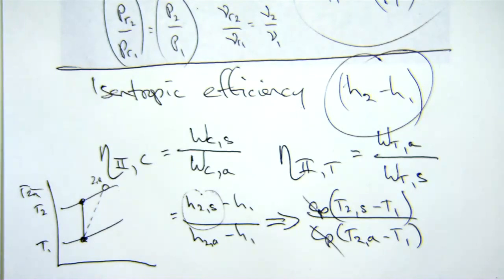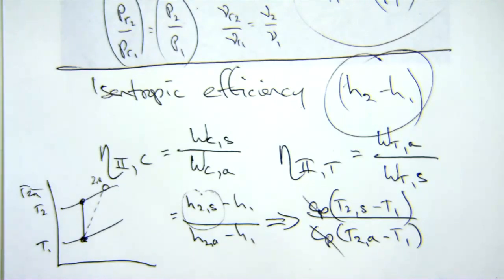So either I can measure the actual temperature and compare it to what the best possible temperature should have been, or if I knew the efficiency of the machine, I can determine the isentropic work, and with the efficiency of the machine, I can tell you what the actual work will be.